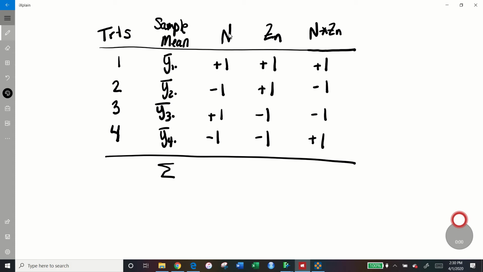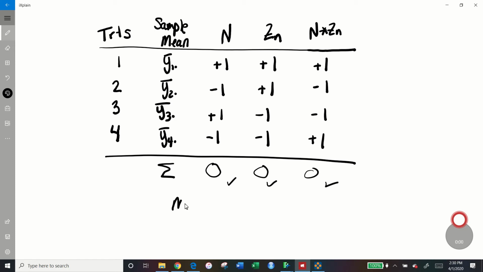So, adding up our nitrogen column, we've got 0. Our zinc column, 1 plus 1 minus 1 minus 1, 0. And for our dot product, we also have 0. So that means nitrogen and zinc alone are contrasts and their dot product is a contrast.